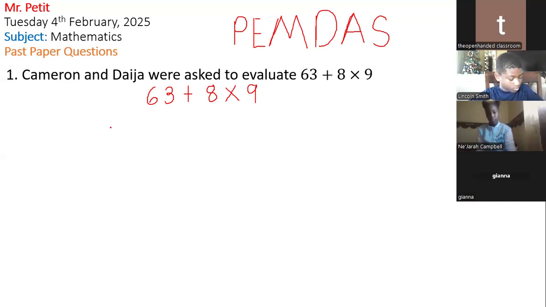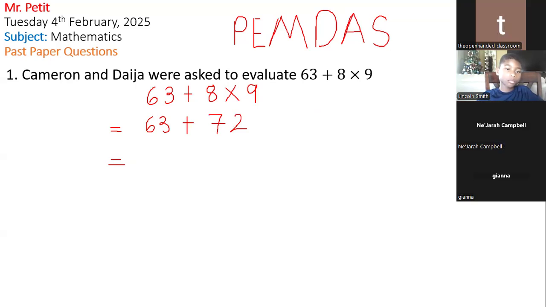It's going to be equal to 63 plus, what is 8 times 9? 72. Very good. So it's equal to 63 plus 72. What is that? 135.